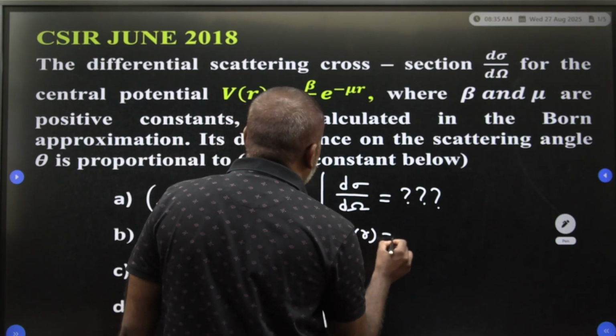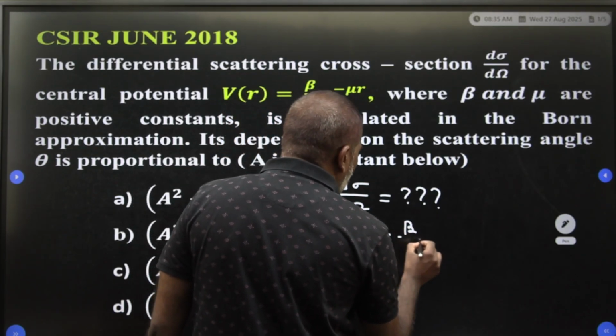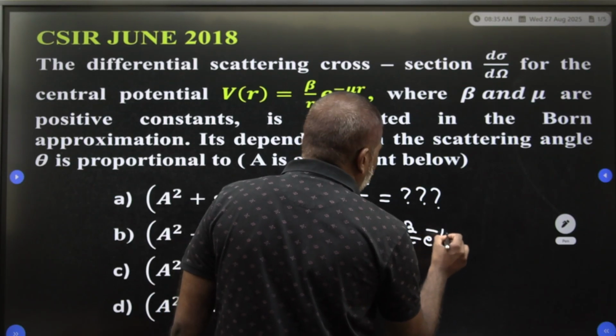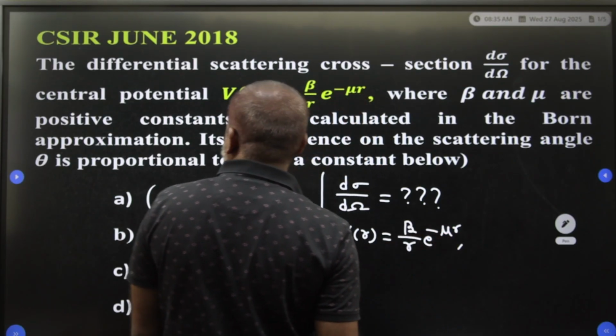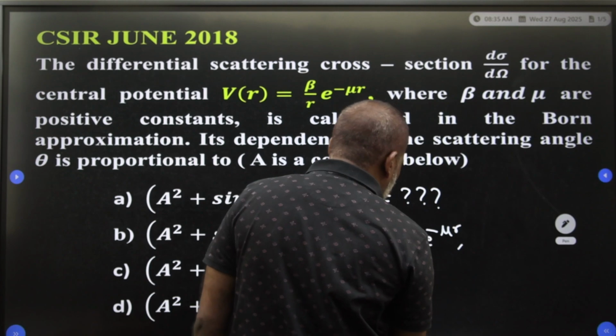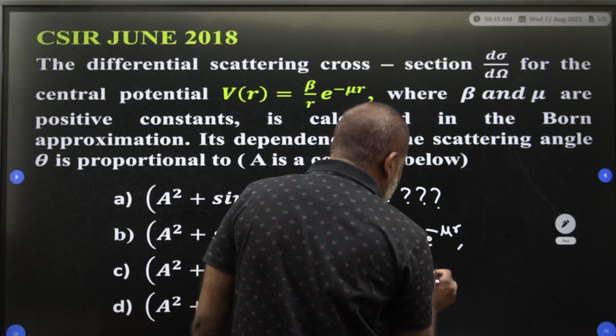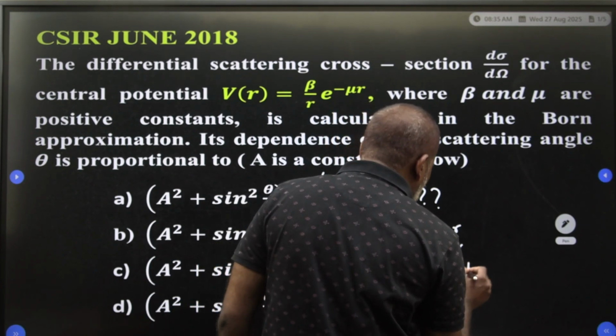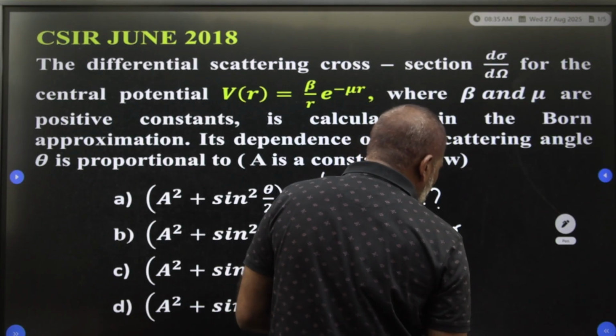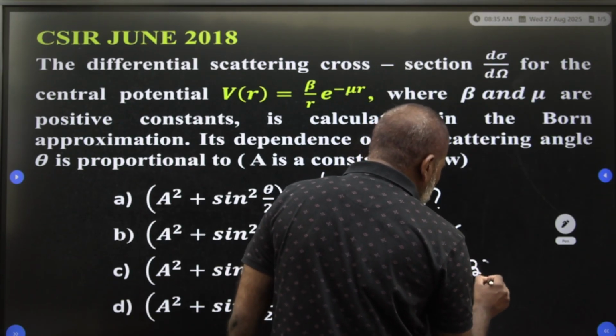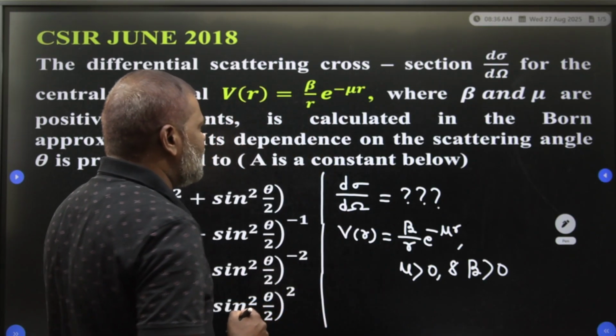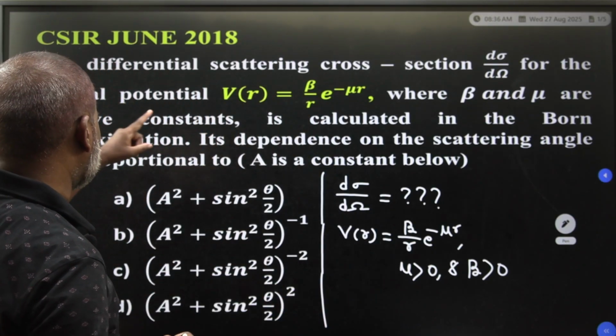V of r is equal to beta by r into e to the power of minus mu r, where beta and mu are positive constants. Beta is greater than 0 and mu is also greater than 0. Both are positive constants you have to take.